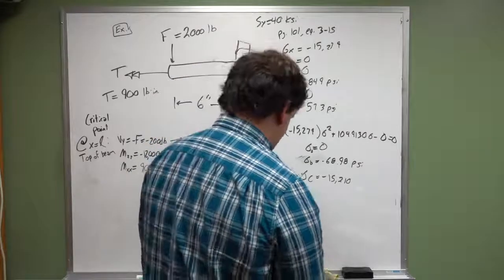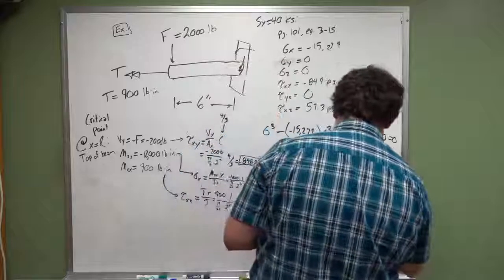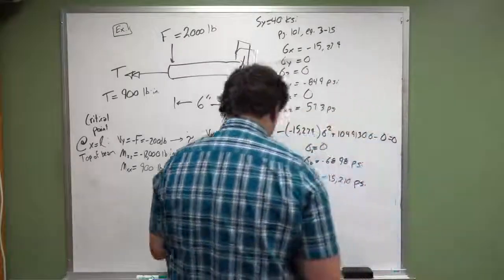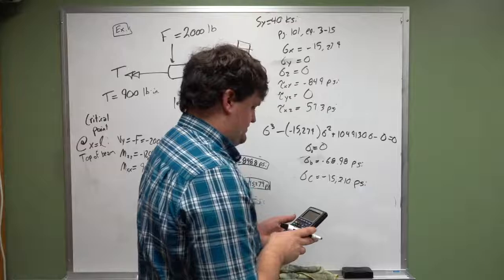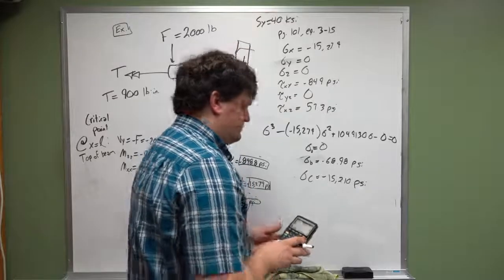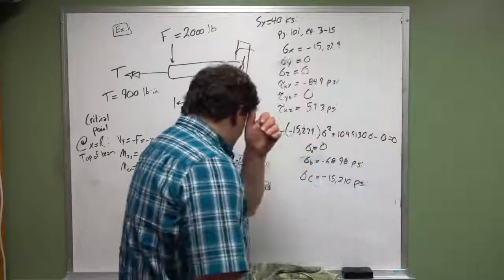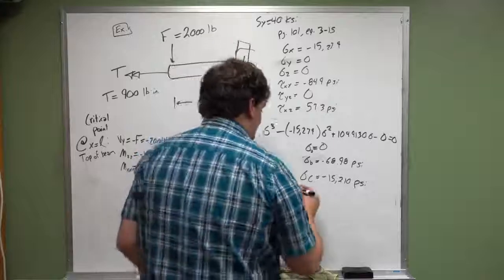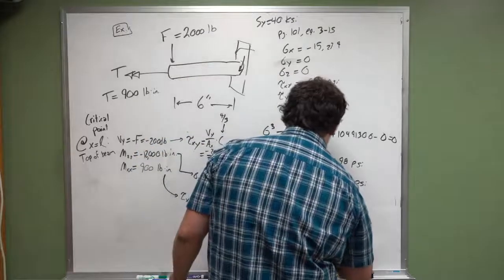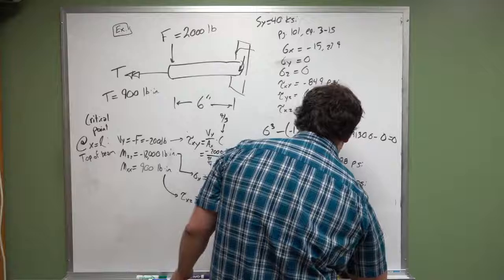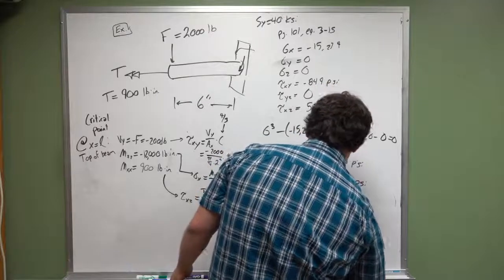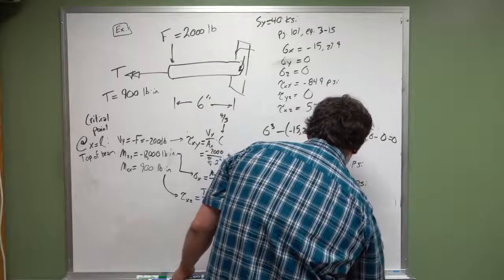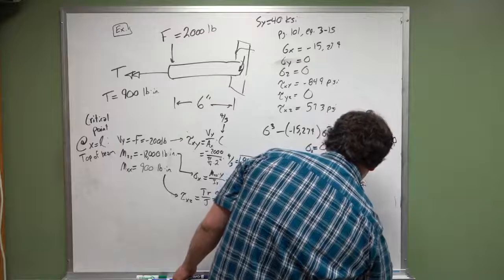No, I didn't. Nice. So with these three values now, clearly sigma 1 equals 0, sigma 2 equals negative 69 psi, and sigma 3 is equal to negative 15,210 psi.